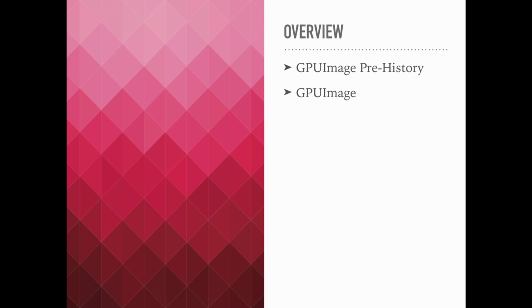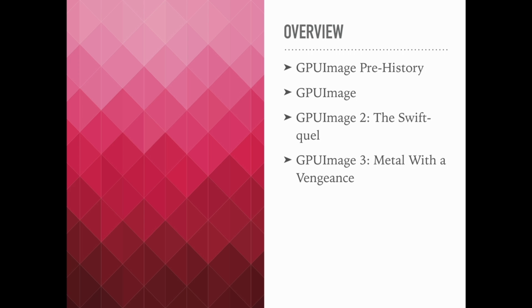I'll talk about some of the issues and complications that we encountered by using the Objective-C programming language. Next, I will talk about the second iteration, GPUImage 2, the Swift quoll. We rewrote GPUImage in Swift when that became available because it solved a lot of the problems that we had maintaining this long-term project.